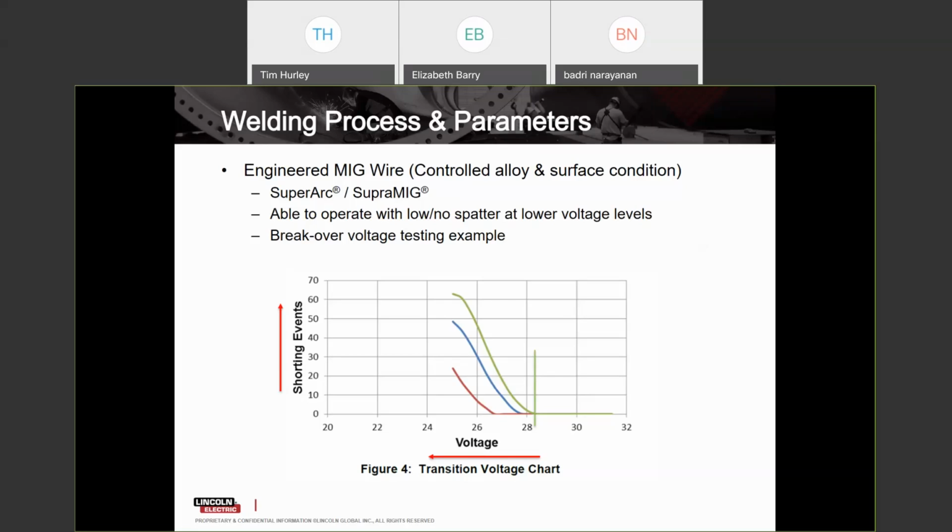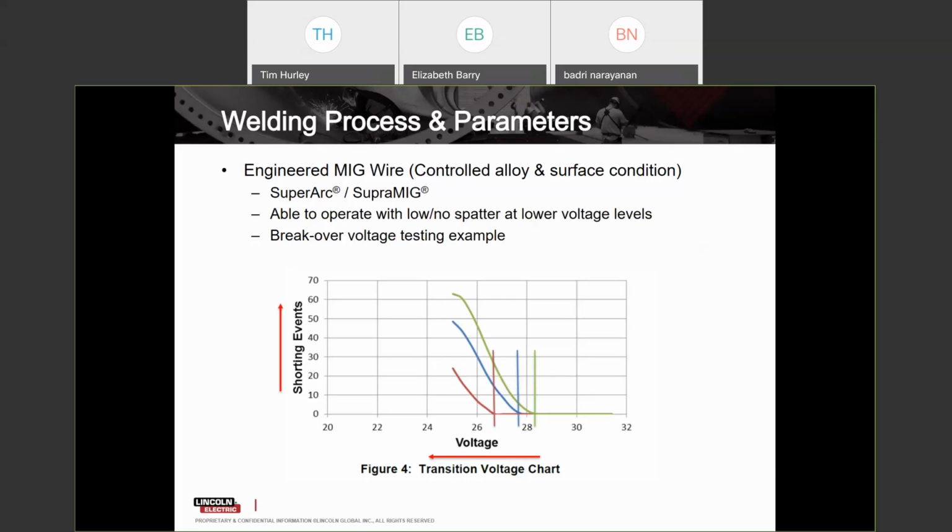So each wire is characterized. This green graph may represent some particular brand of wire that breakover voltage, or the point at which shorting events occur, may be 28 or 28.2 volts. Blue wire is a different wire, different brand, and its characteristic breakover voltage may be somewhere between 27 and 28 volts. The Lincoln wire in red operates somewhere below 27 volts.